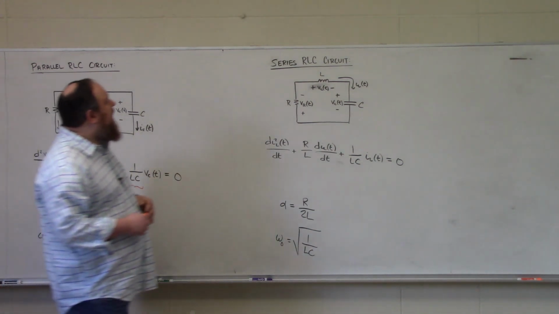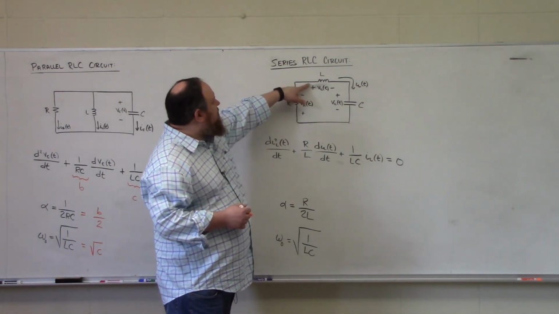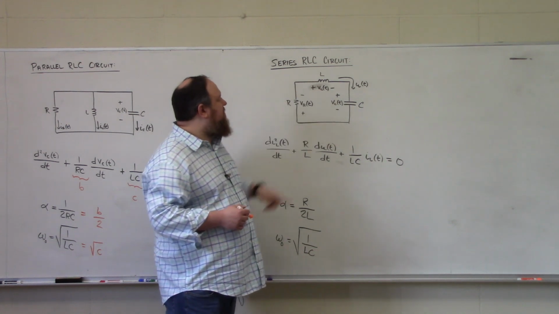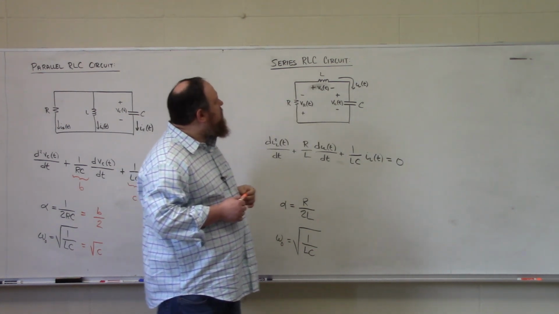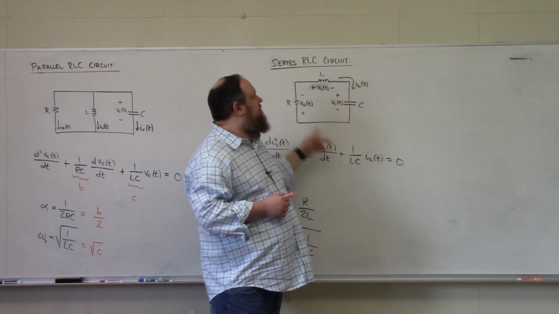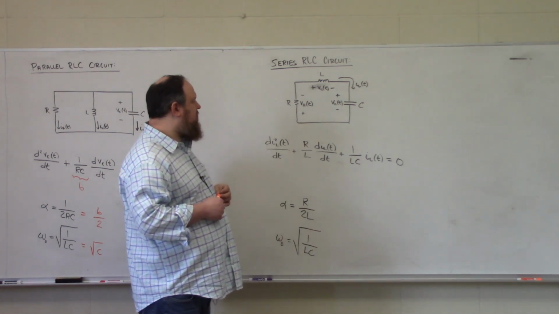Now, if we look at our series RLC circuit, where we had a resistor in series with an inductor in series with a capacitor, all of the elements had an associated voltage drop, and there was a common current IL of t flowing in all three elements, we got another second order differential equation.